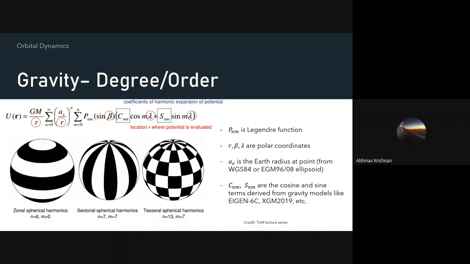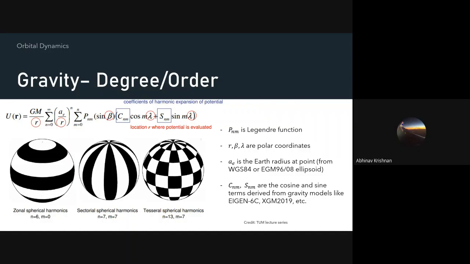Now, why am I showing you this particular equation? You might have seen the equation GMm by R square as the common gravitational pull, right? But here, it is not as simplified, because when you want a highly precise orbit, you would want to include all the mass differences happening on the surface of the Earth.